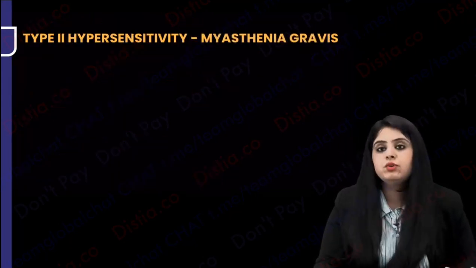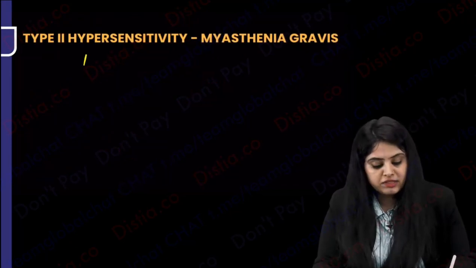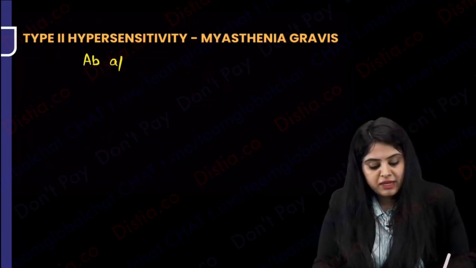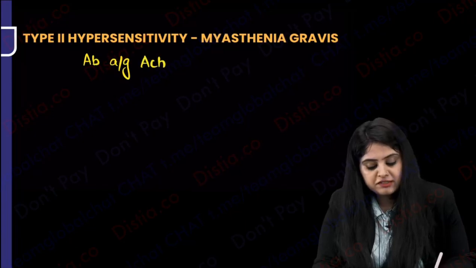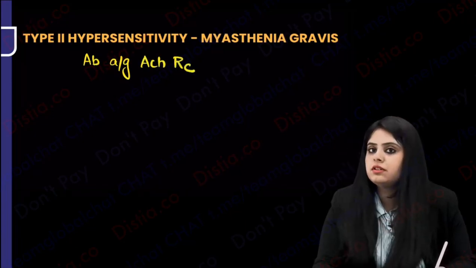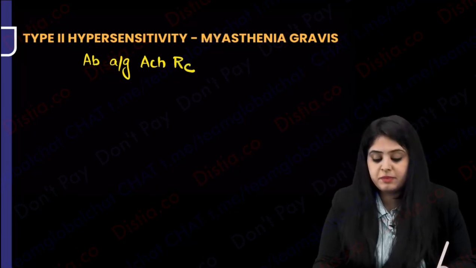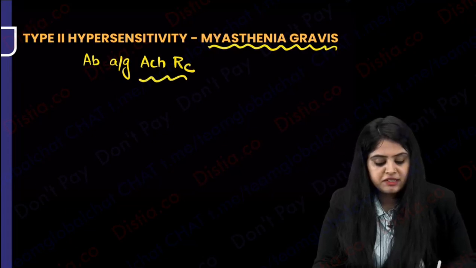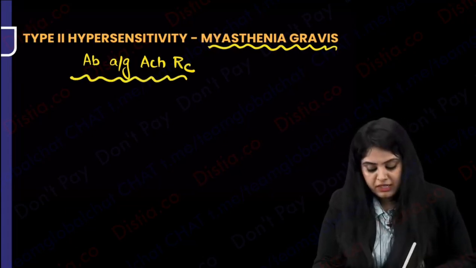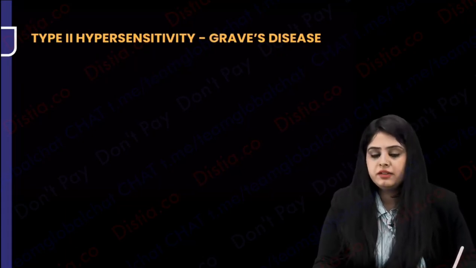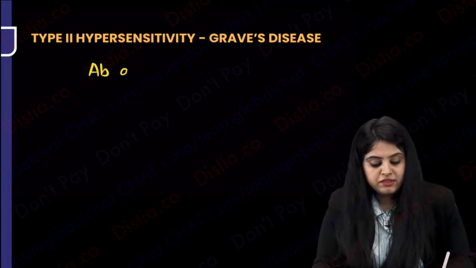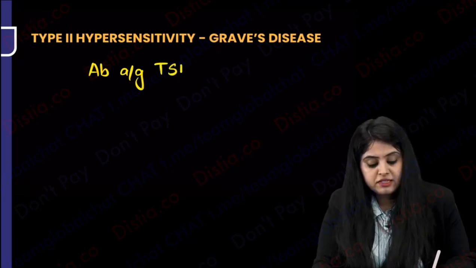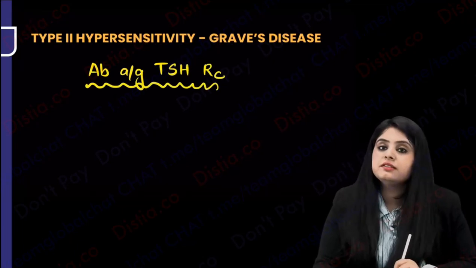Let me explain both of them to you. Myasthenia gravis, what is the antibody against? Yes, in myasthenia gravis, antibodies are against the acetylcholine receptor, not just a molecule, it's against a receptor. Similarly, if I ask you what is happening in Graves' disease, you will say there are antibodies against the TSH receptor. Again, these are very important things that I have just taught you.